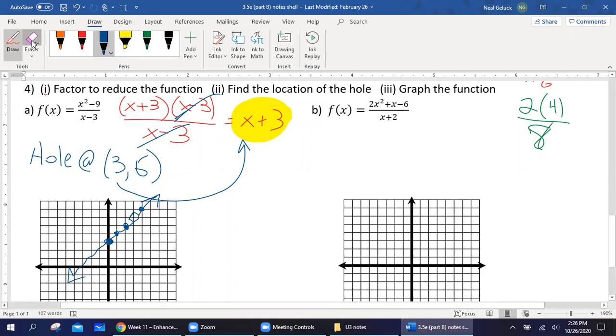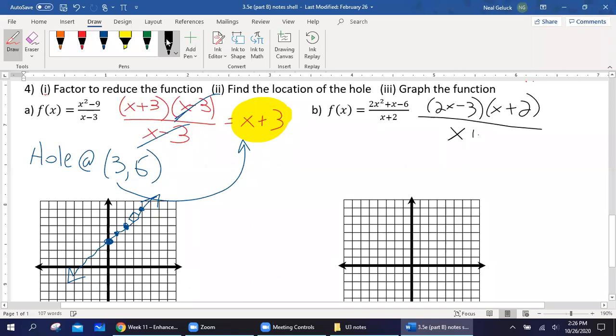Letter B is going to be similar to letter A. I'm going to factor. This is 2x minus 3, x plus 2 for the numerator. Got an x plus 2 on the bottom. Okay, that means there's a hole at the number that makes both the numerator and denominator 0, which would be -2, comma.